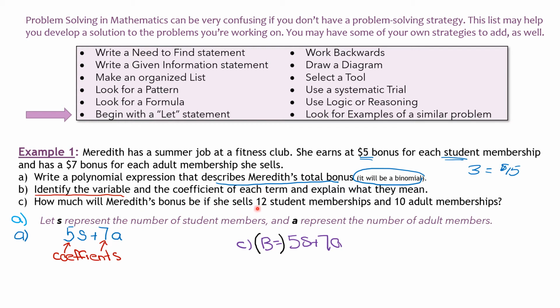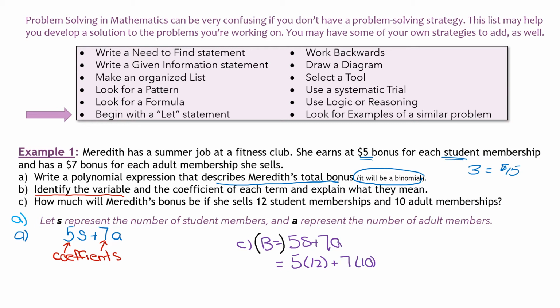Now I do. I know that if she sells 12 student memberships, I'm going to put that in for S, and 10 adult memberships, I'm going to put that in for A. So now we know that her bonus is equal to 5 times, so the student membership she sold was 12, and the adult membership she sold were 10.